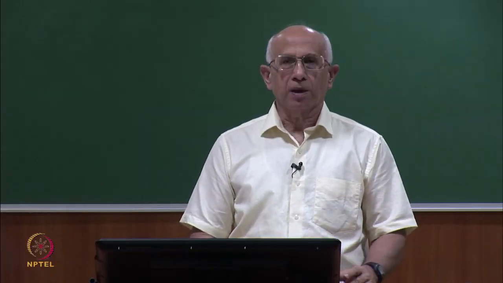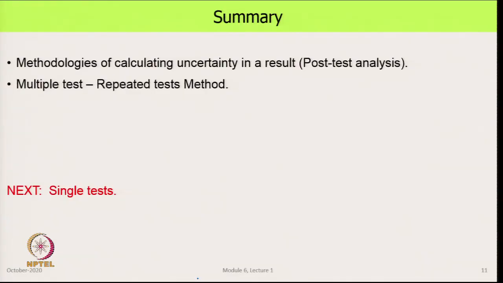So, what we have done in this lecture is we have looked at the various options in terms of methodologies that we have for calculating uncertainty in the result. Right now, we looked at one method which was good for post-test uncertainty analysis only. We saw the technique and the mathematical formulas that we need.